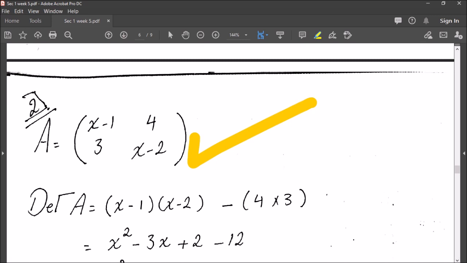Okay, x minus 1 multiplied by x minus 2, minus 4 multiplied by 3.